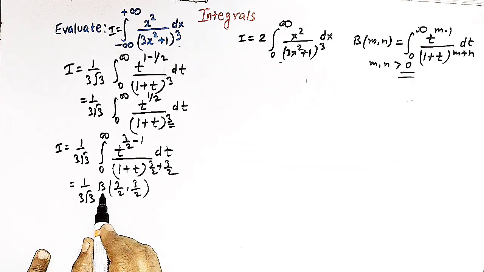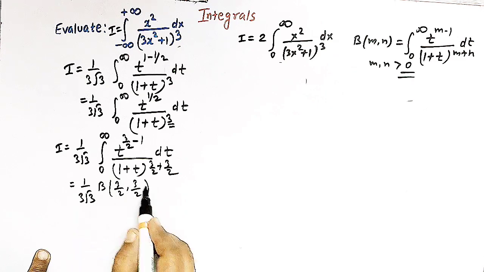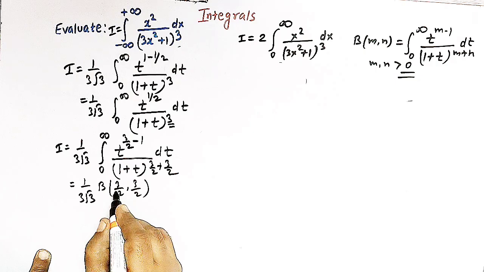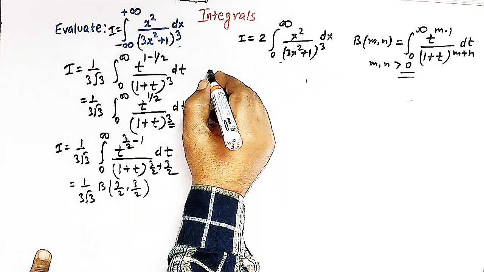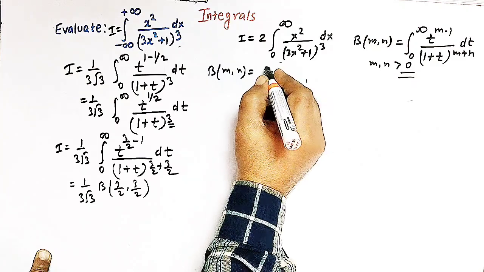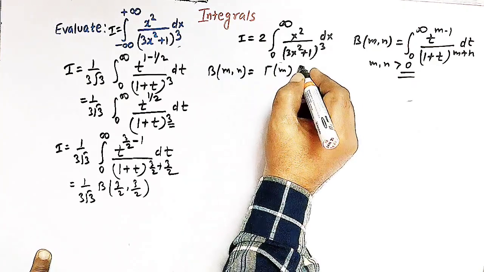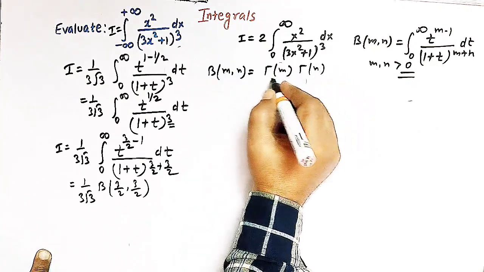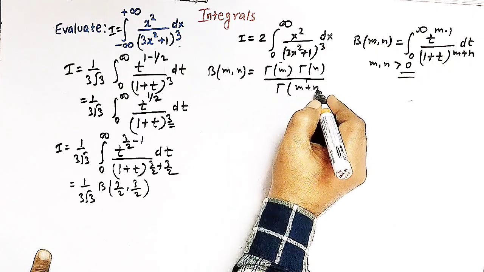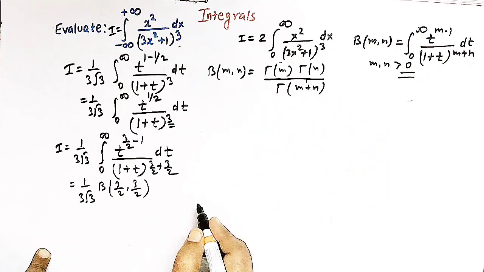Now let us find out the value of this expression. So for finding out the value of this beta function, we'll use this result, that is beta m comma n is given by gamma m multiplied with gamma n divided by gamma m plus n, right?